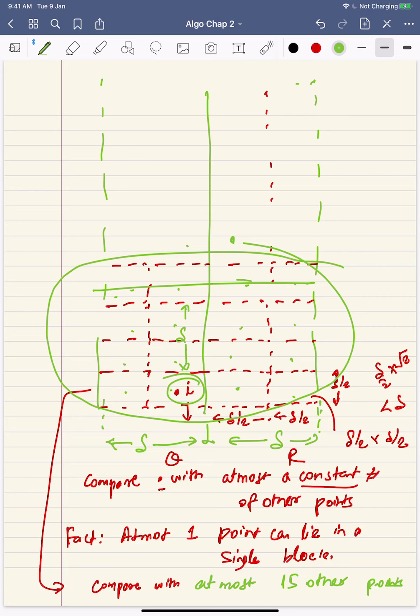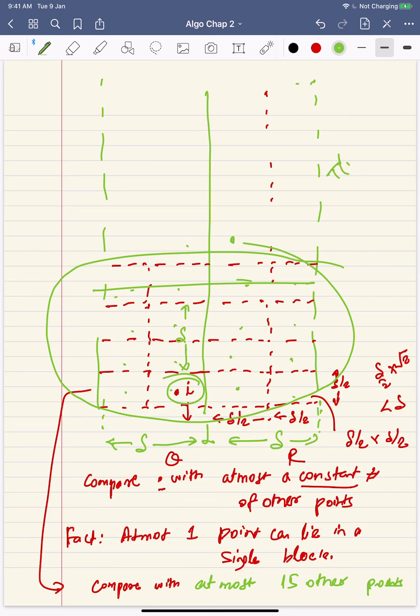I am done. I compare with all the 15 points, and if any distance is less than delta, I update my delta, the minimum distance, and if they are all larger, delta remains. I keep on doing that.